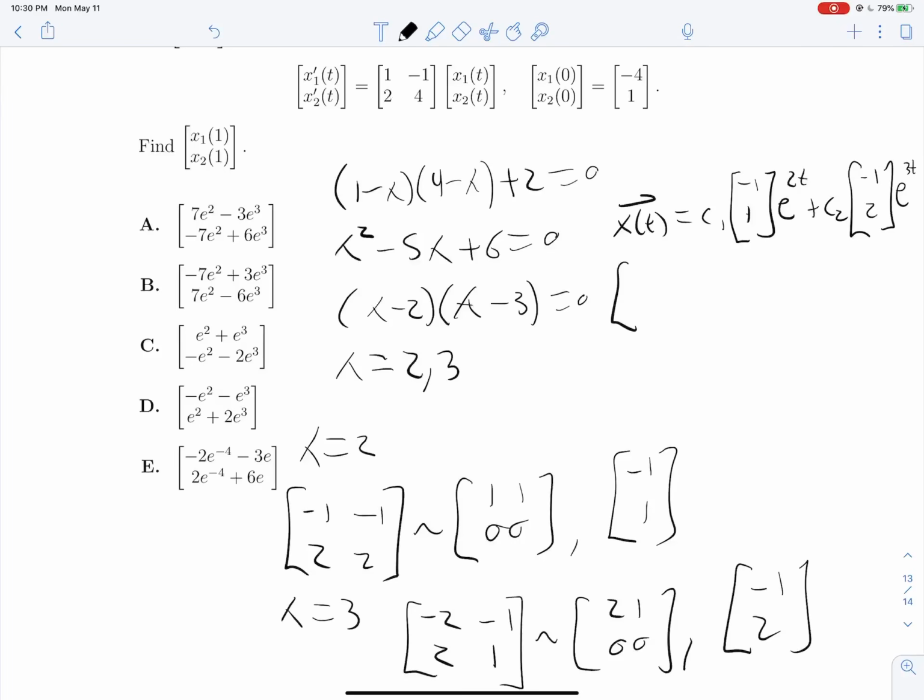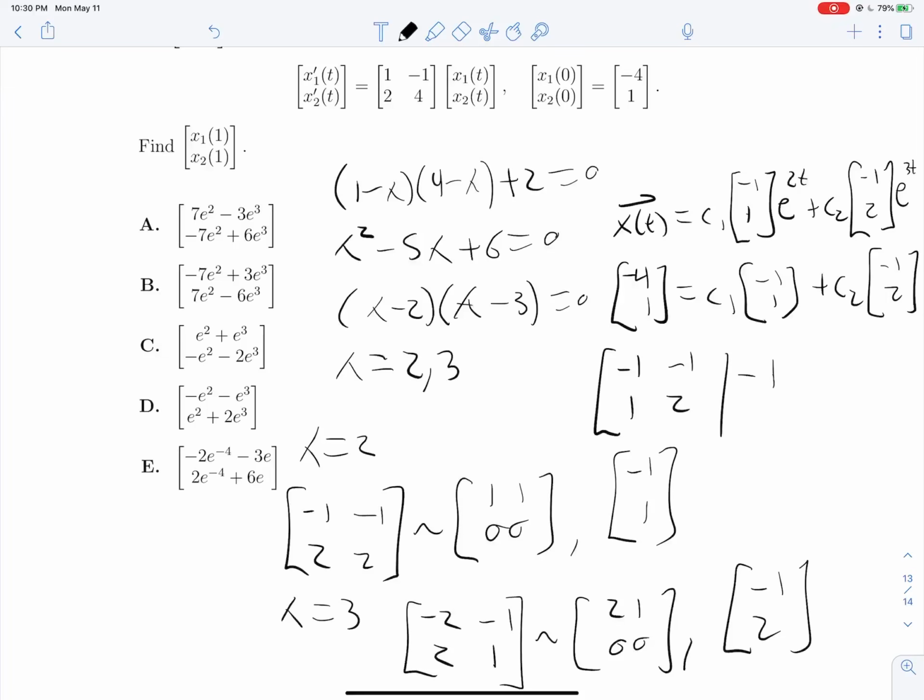That means that negative 4, 1 is equal to c1 times negative 1, 1 plus c2 times negative 1, 2. We can make this into an augmented matrix. Negative 1, 1, negative 1, 2 is equal to negative 4, 1. And I don't know, let's add row 2 to row 1. We get a 0 here, a 1 here, and a negative 3 there.